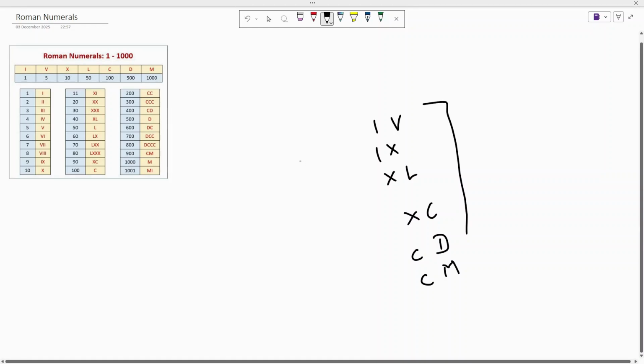And a few pairs are not allowed. For example, I cannot come before L, C, D and M. So this is not allowed. And V, L, D are never used for subtraction.